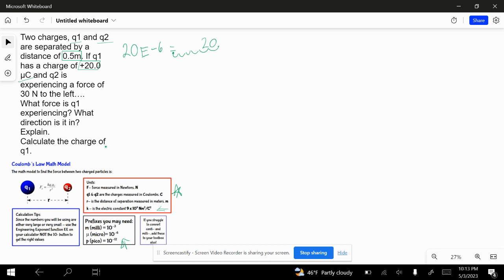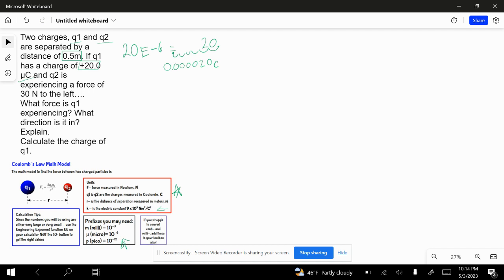All right, and then we'll get 0.00002. So there is our 20 microcoulombs now in coulombs. And so we're just looking at a 2 with 4 zeros in front of it. All right, so there we go.